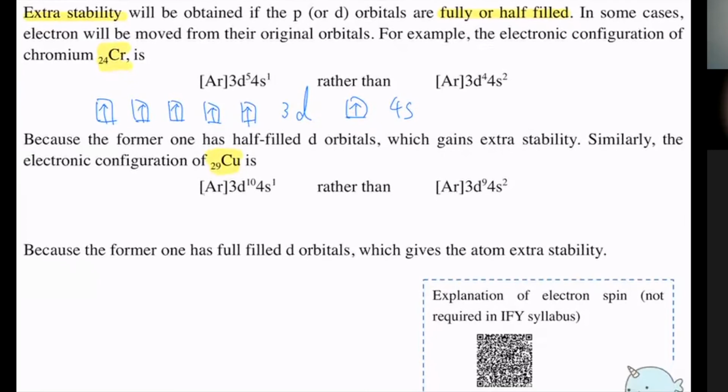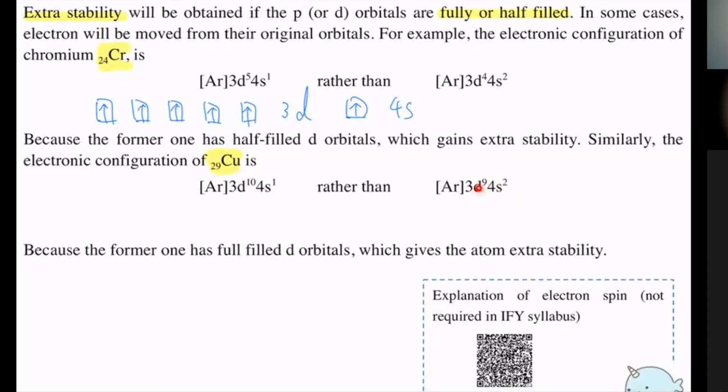So for copper, total 29 electrons. According to the rule that you have learned, we fill in 4s first, and then 3d. So in principle, we should arrange them as 4s2, 3d9. So 4s fully filled, and then move on to 3d.